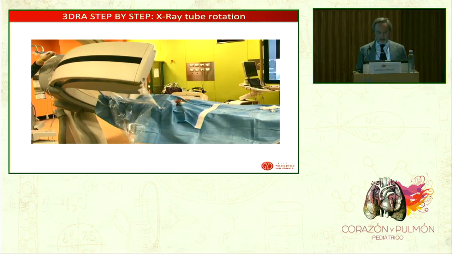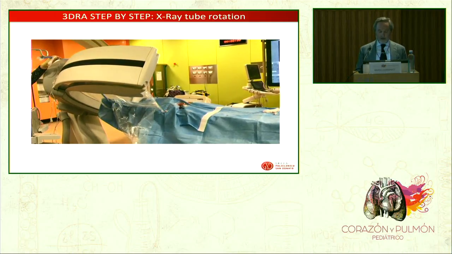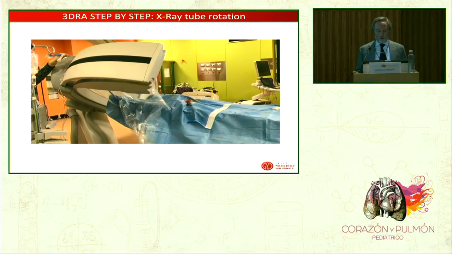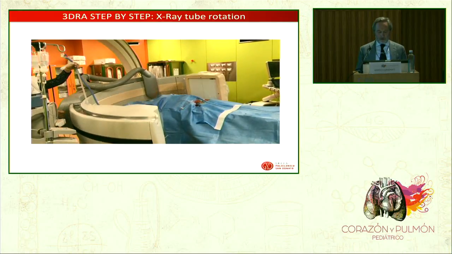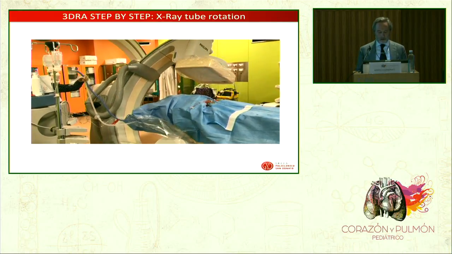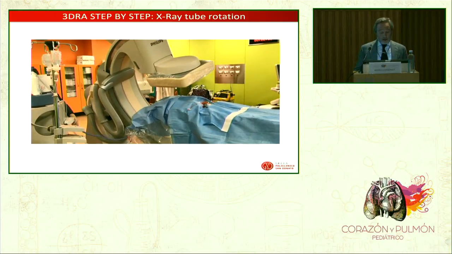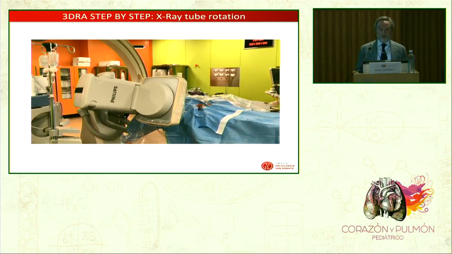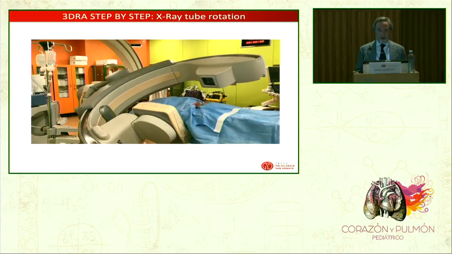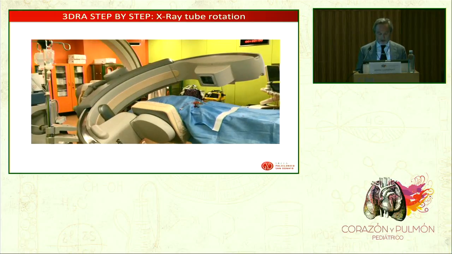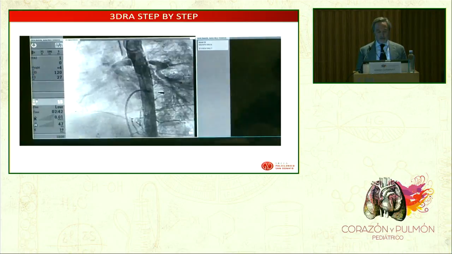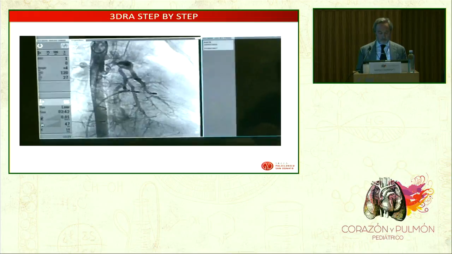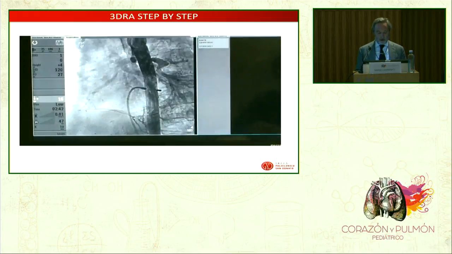And this is an example of how the X-ray tube is rotating after starting the rapid pacing. The 6 seconds of rapid pacing we can use on both Philips and Siemens machines in our institution. And this is an example of a complex case with MAPCAs, many collaterals.